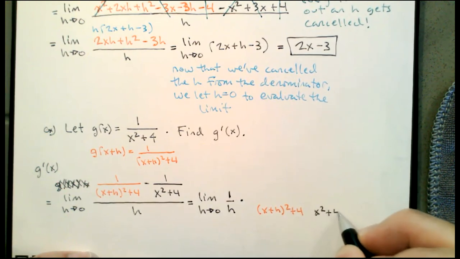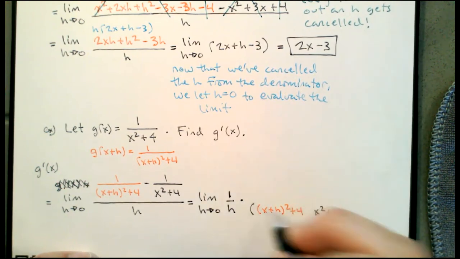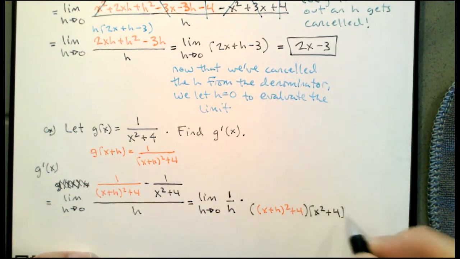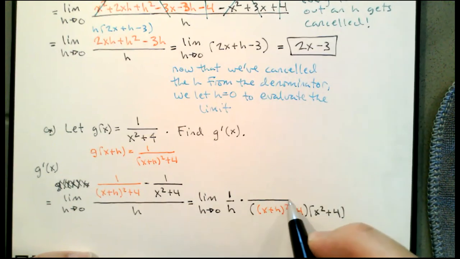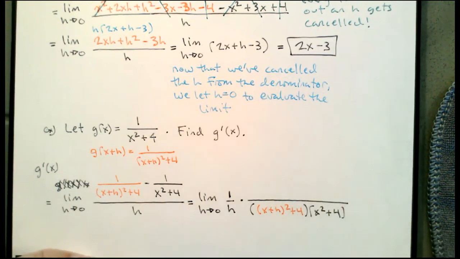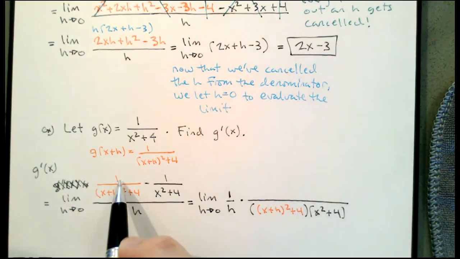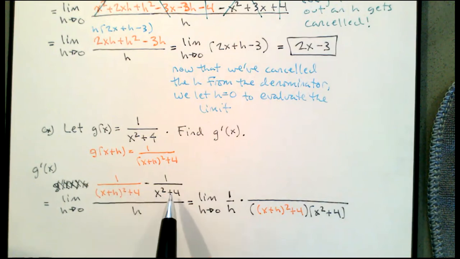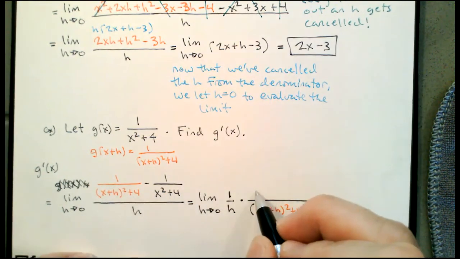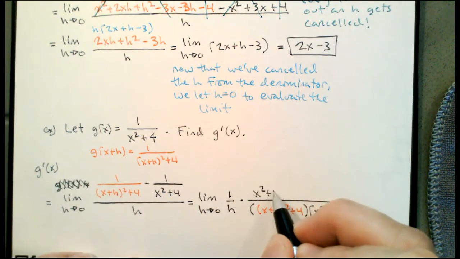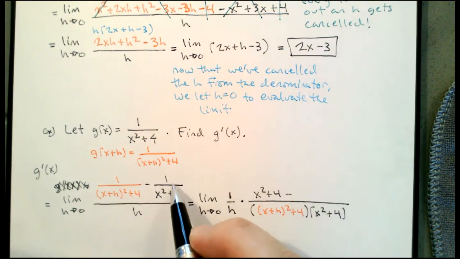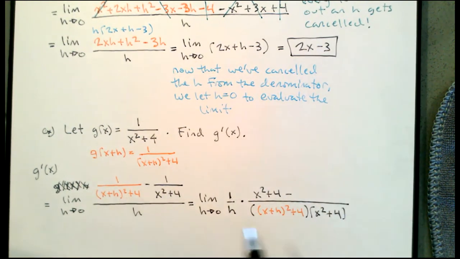That's our common denominator. The first fraction needs the x squared plus 4. And the second fraction needs the x plus h squared plus 4.